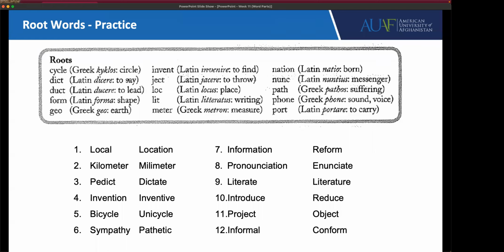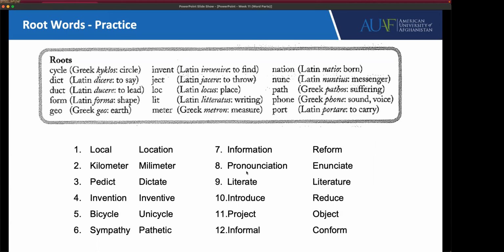It's not L-O-C? No. L-I-T? There is messenger here in the third line, second one. Which one? This one? No, the third line, in the second row. Path? No. I don't know where this one is coming from.